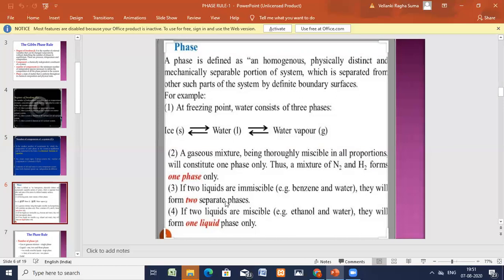If 2 liquids are miscible, such as ethanol and water, then they exist as one homogeneous liquid mixture, so the phase is 1. If immiscibility is there, then 2 separate phases. It depends on the heterogeneity.